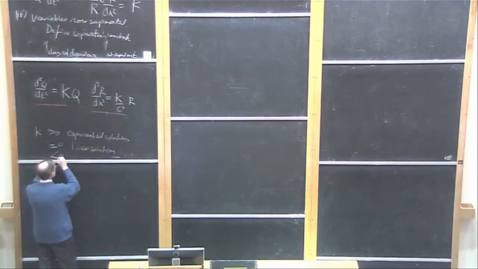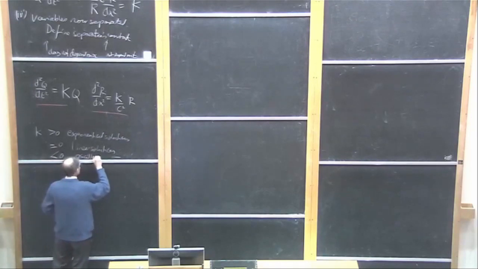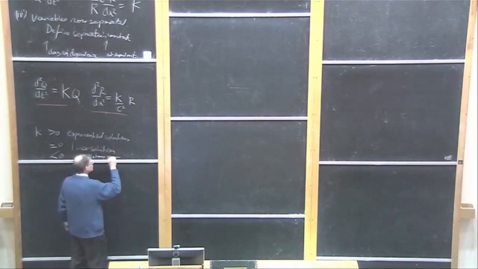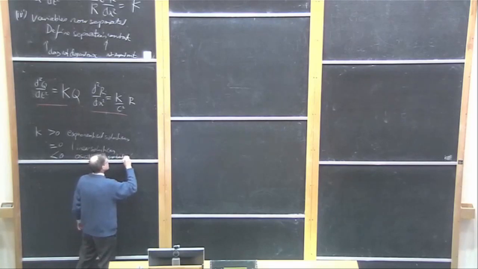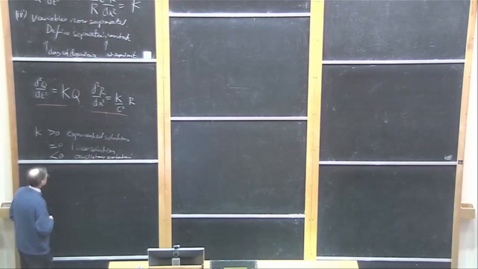If it's less than 0, we have oscillatory solutions. The exponential solutions become unboundedly large at large x, necessarily, as indeed does the linear solution.